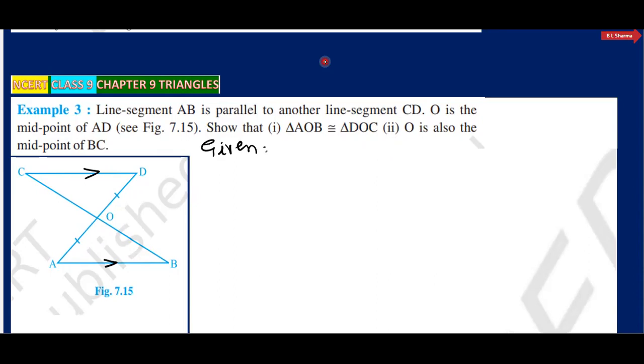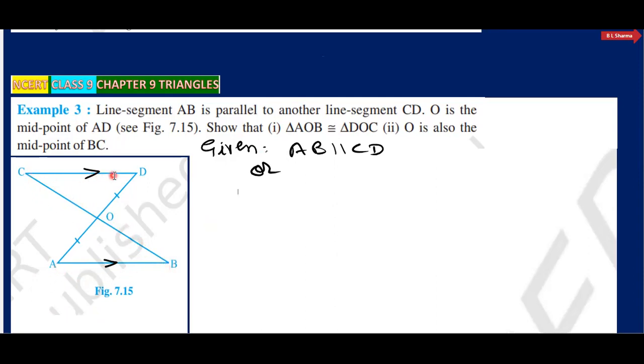Here in this figure AB is parallel to CD. When two lines are parallel, this line BC is transversal because this BC is joining the two lines.